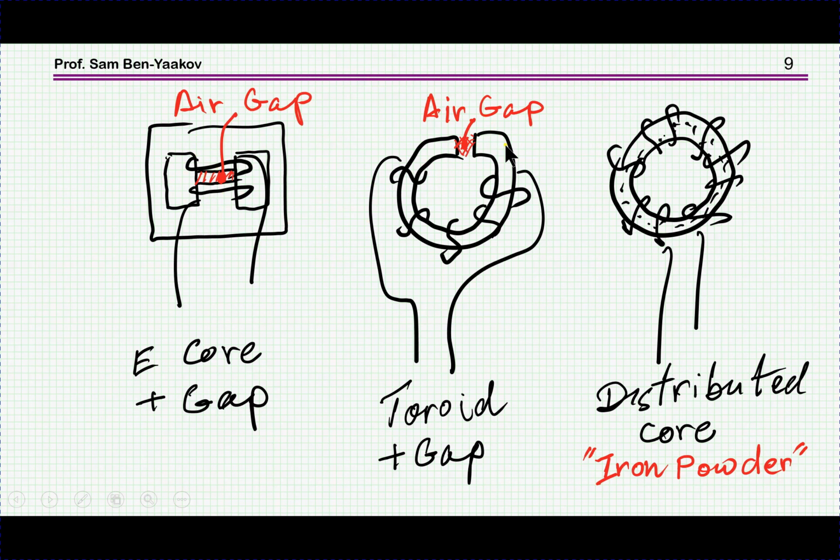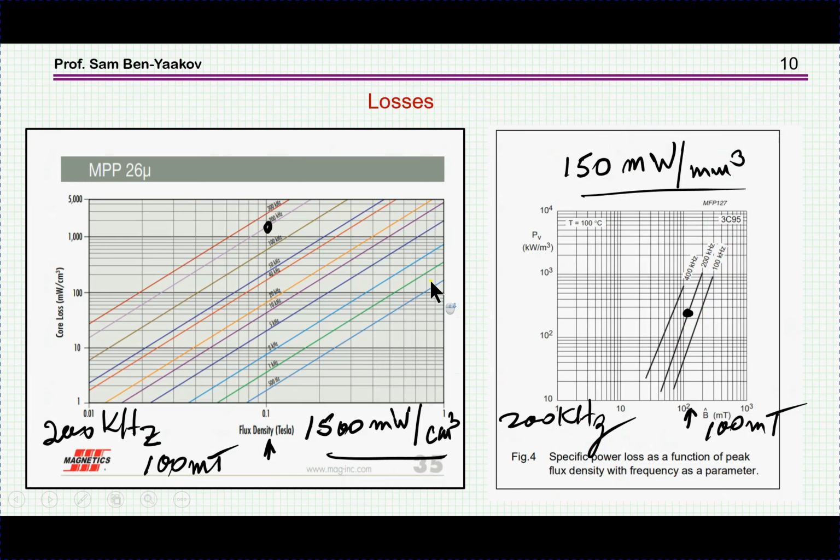We have a toroid with an air gap, and then we can have the so-called distributed gap or iron powder core, in which the ferromagnetic material is mixed with a non-ferromagnetic material so as to dilute it, so to speak, and therefore the gap is distributed throughout the core. In this presentation, I'm going to concentrate on the toroidal core.